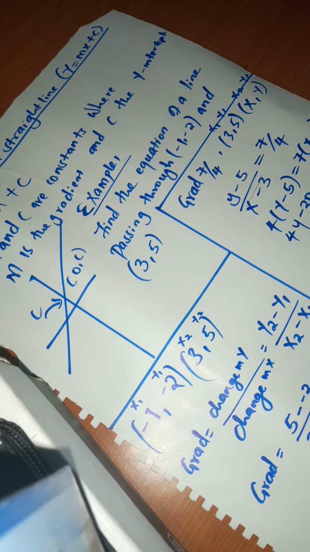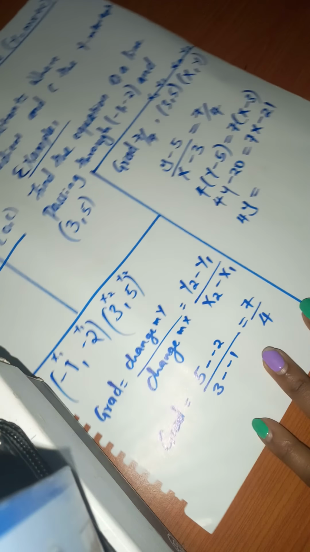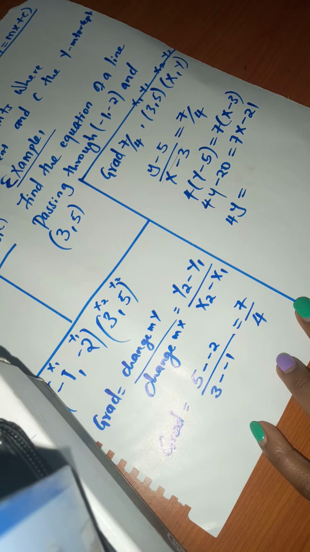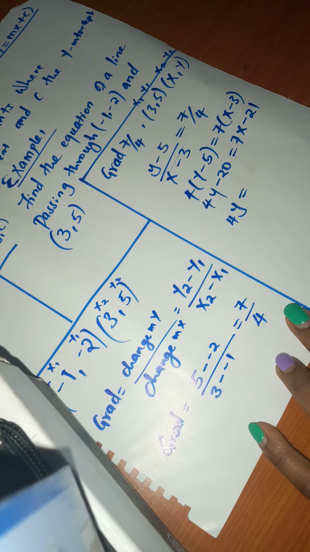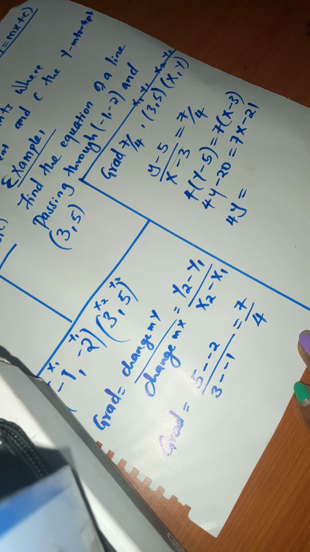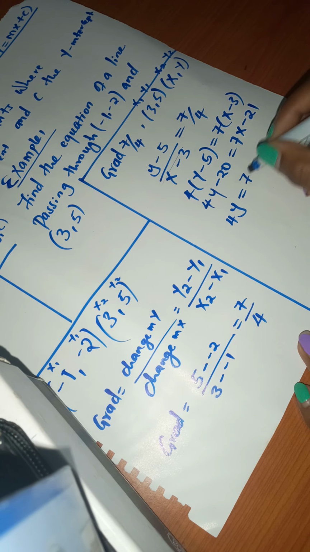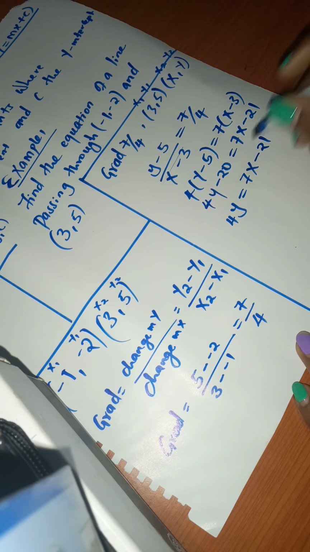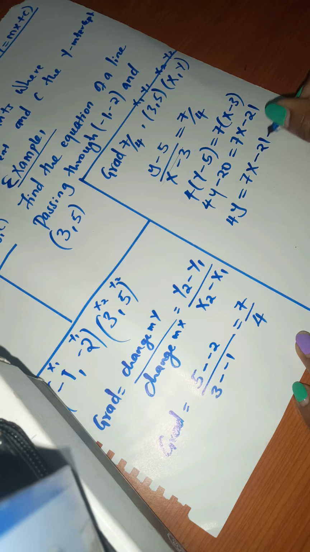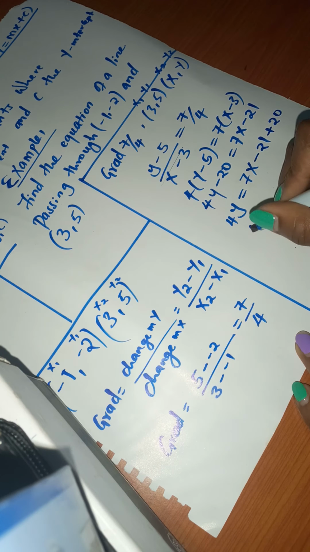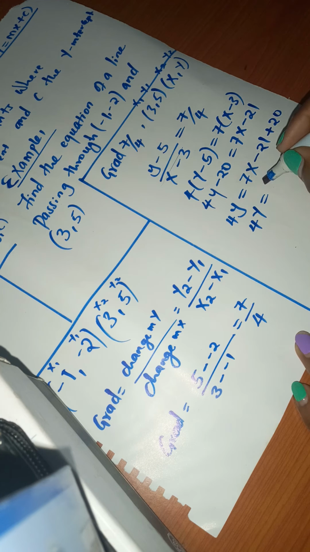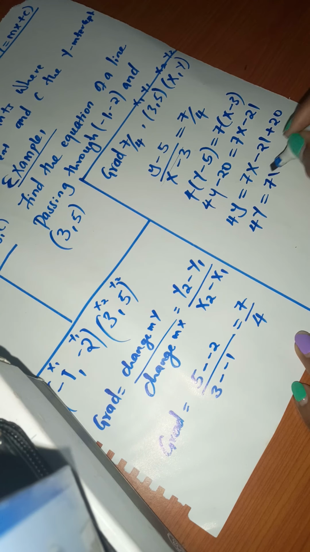So I'm putting everything else on the other side, and I'll have 4y equal to 7x minus 1.